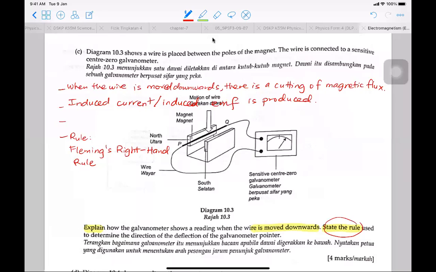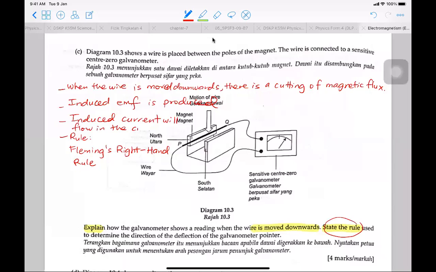Now, third mark. Induced current will flow in the circuit, making the galvanometer pointer deflected.